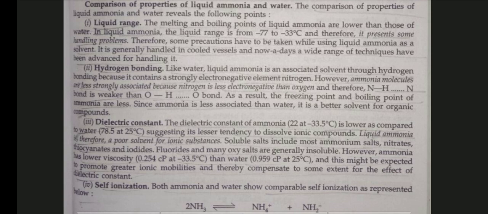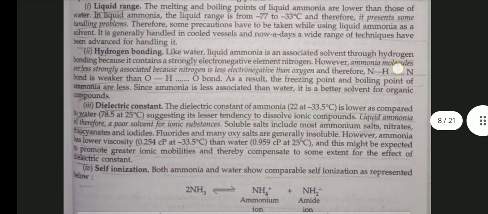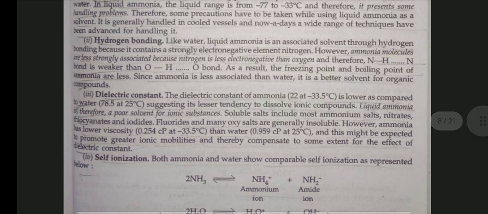Third one is dielectric constant. The dielectric constant for ammonia, 22 at -33.5 degrees Celsius, is lower as compared to water, 78.5 at 25 degrees Celsius, suggesting its lesser tendency to dissolve ionic compounds. Liquid ammonia is therefore a poor solvent for ionic substances. Soluble salts include most ammonium salts, nitrates, thiocyanates, and iodides.